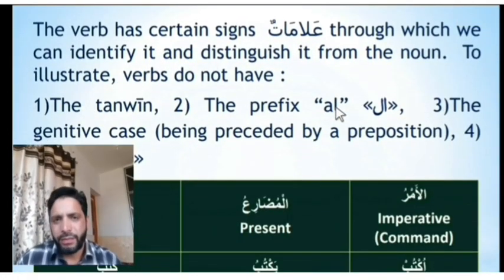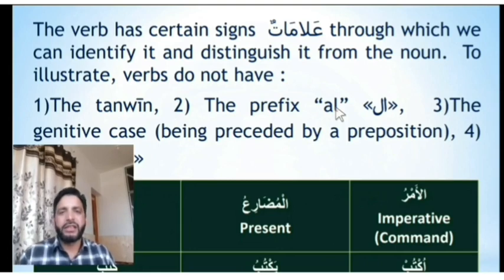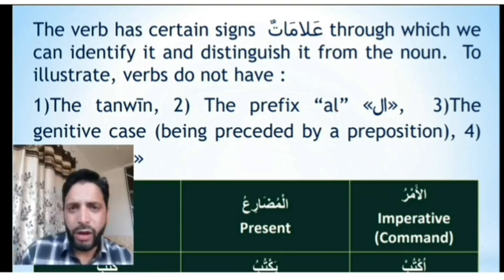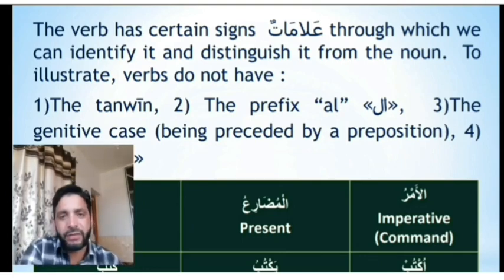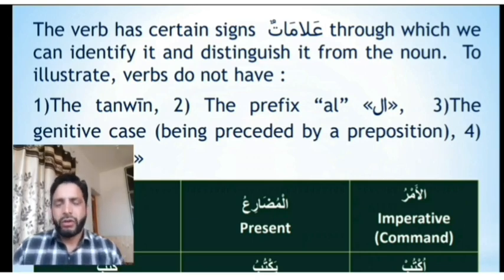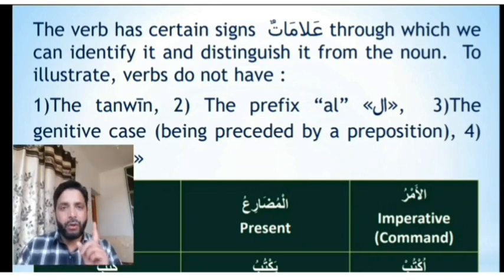The verb. Now how can we identify a verb from a noun? How can we identify a verb among different words? The verb has some signs, alamat, through which we can identify and distinguish it from the noun. To illustrate, verbs do not have, number one, tanween.